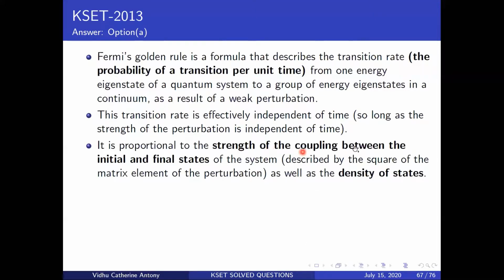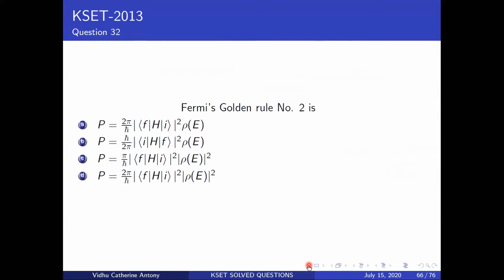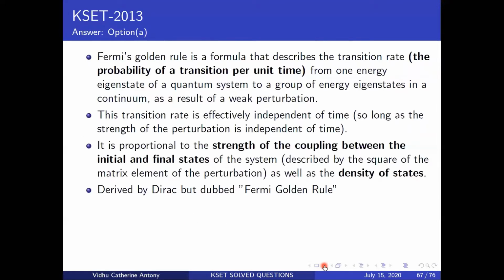Now it is proportional to the strength of the coupling between the initial and the final states of the system, and this can be described by the squares of your matrix elements. So when you're looking at your function here, these are basically the matrix elements that you're talking about. Now this was derived by Dirac and was called Fermi's golden rule.